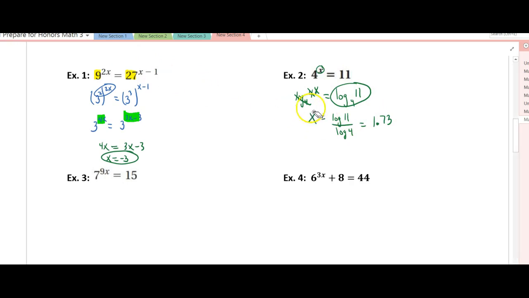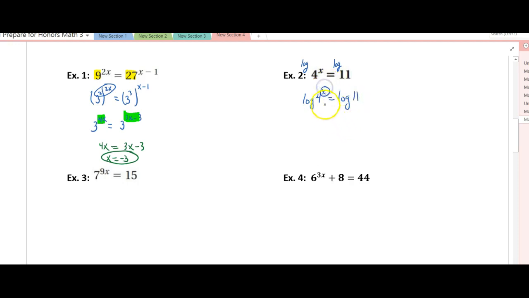Now, the other way to do it, which is the way I kind of prefer, is I'm going to use that property of logarithms with the exponents. I'm going to take the log or natural log of the left side, then the log or natural log of the right side. So I basically have log of 4 to the x equals log of 11.